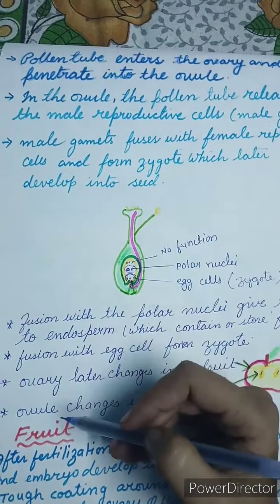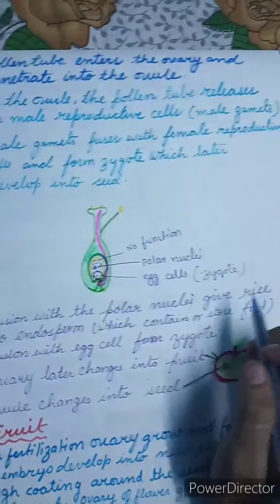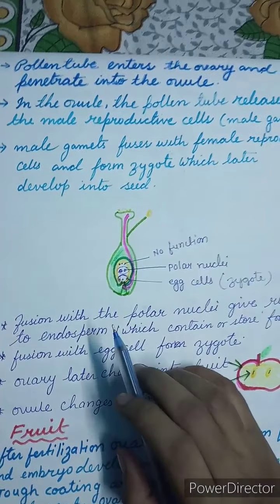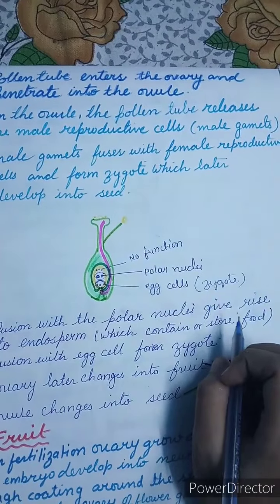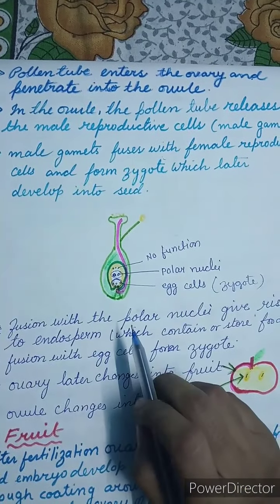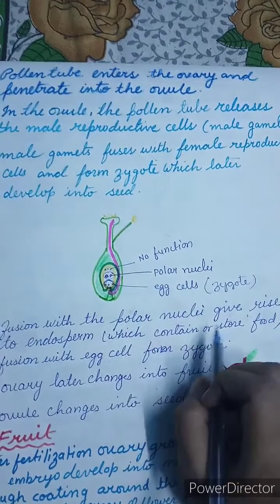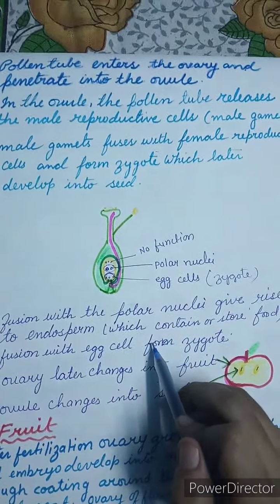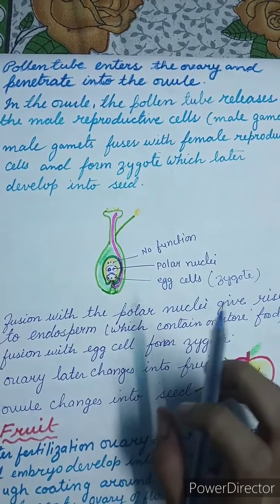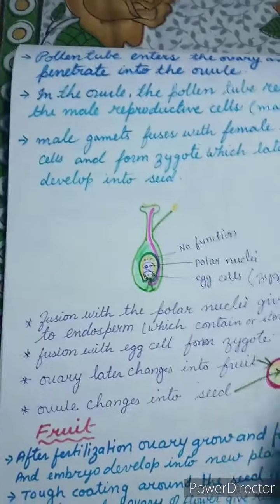You should also remember that fusion with the polar nuclei gives rise to the endosperm. The endosperm is a part which stores food for the baby plant. Then fusion with the egg cell forms the zygote. The zygote later develops into a new plant.